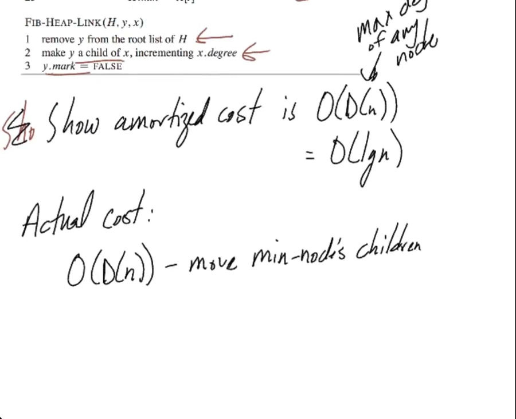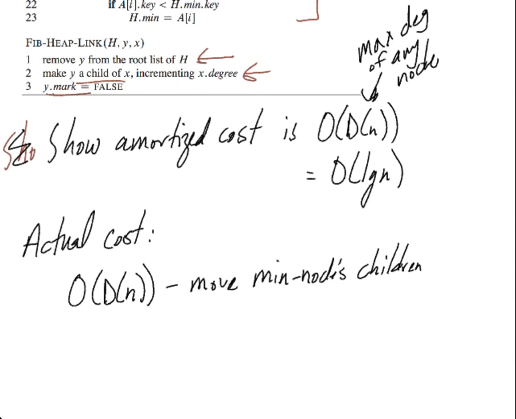We also have a d of n cost in the array initialization, so in initializing the array A. And A is of the size d of n, so that's why that's order d of n.